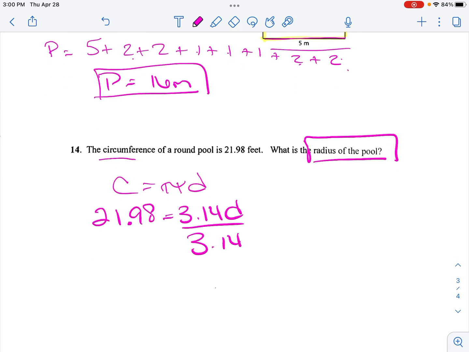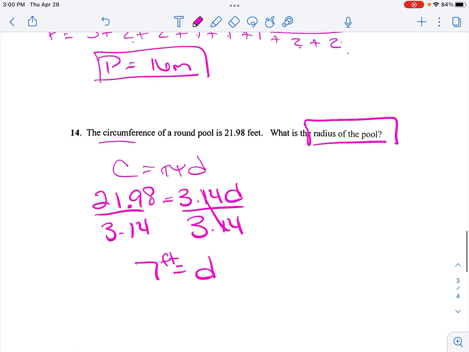Solve for diameter by doing the inverse and dividing both sides by 3.14. When you do that, you get 7 feet. Again, be mindful it's asking for radius. So if the diameter is 7, half of that, the radius would be 3.5 feet.